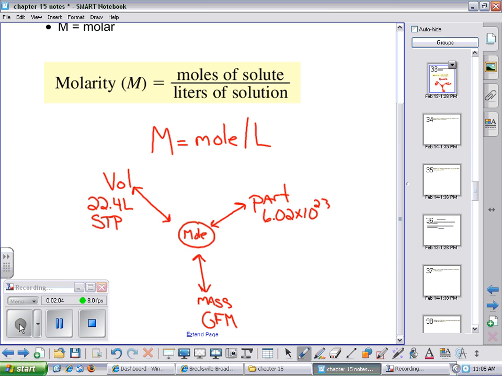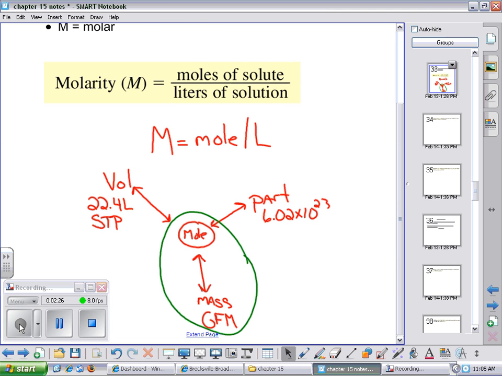Most of the time, you're going to be using that part of the graph. You're going to be going from grams to moles, moles to grams. The other two you're not going to be using. So it's that gram formula mass that you're going to be using to get your grams into moles.